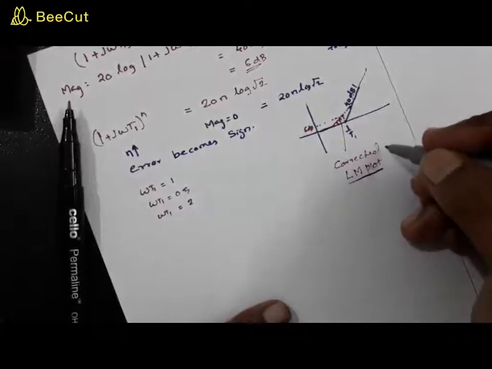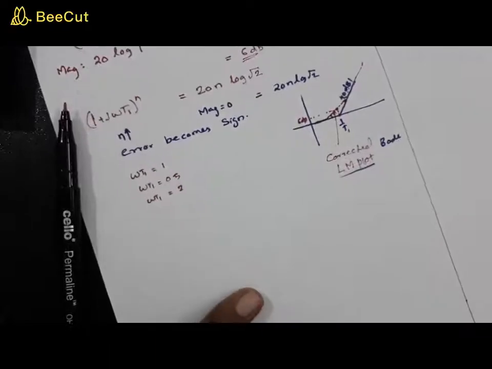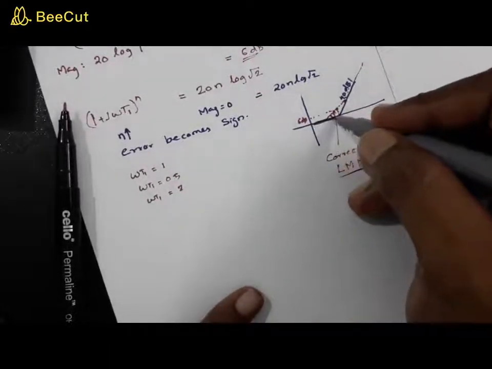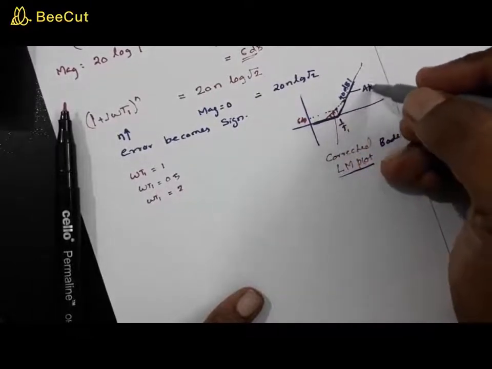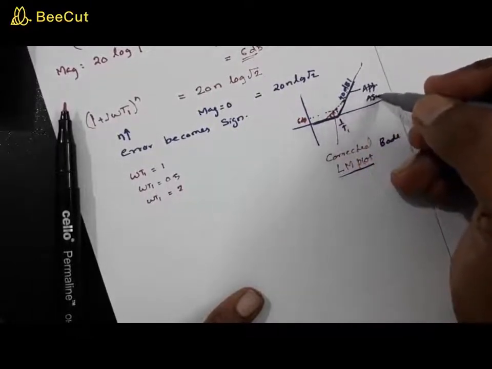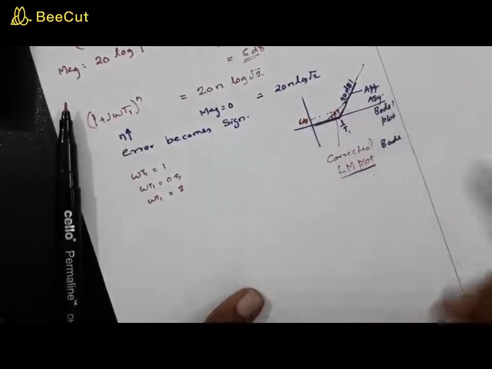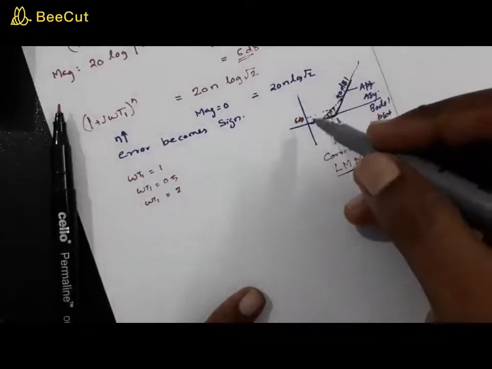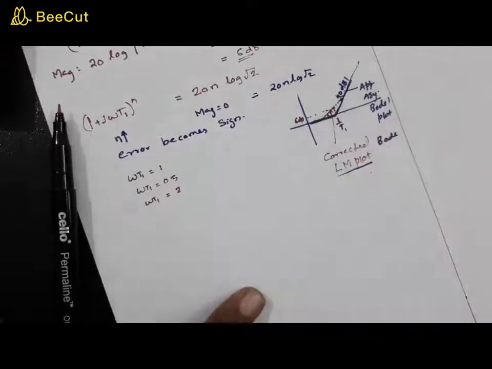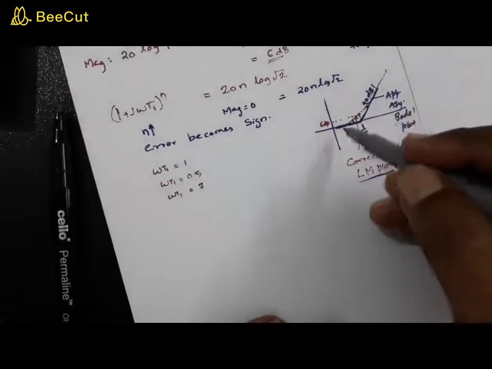So this is called a corrected LM plot or corrected Bode plot, while this one is the approximated asymptotic Bode plot. Hope you understood this. If you draw like this, this is the Bode plot after doing the correction. So in your question, if it is not asked, you can always follow the asymptotic Bode plot.